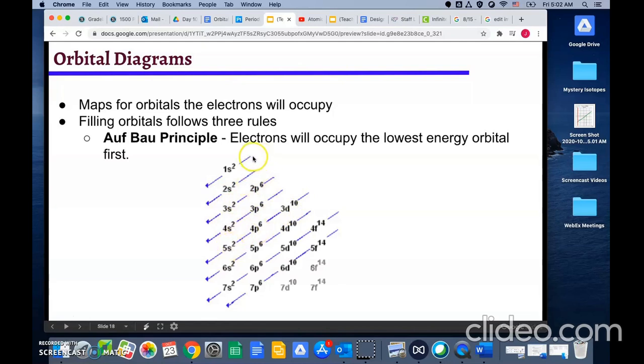So really we're just following the arrows to see which orbitals get filled in first here. So what I would write on your notes is underneath Aufbau principle, write electrons will occupy the lowest energy orbital first. And then next to this little chart on the next page, write Aufbau principle.